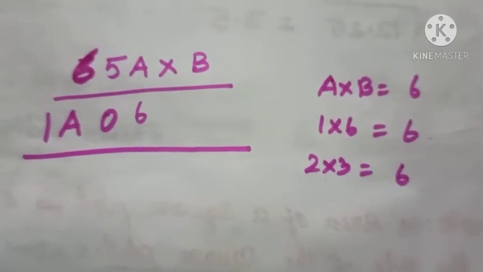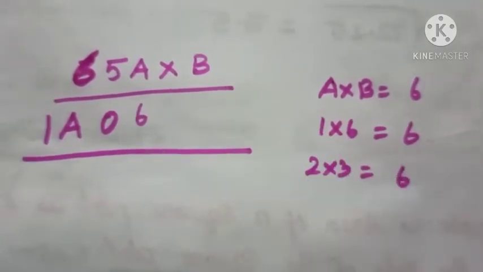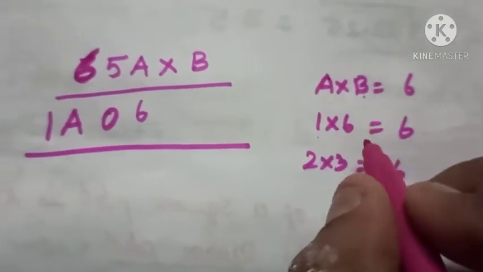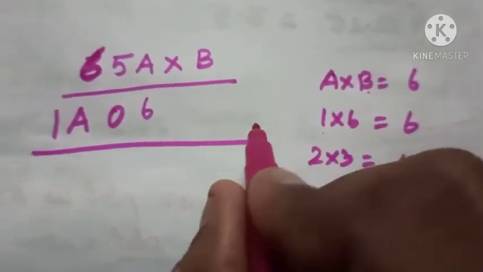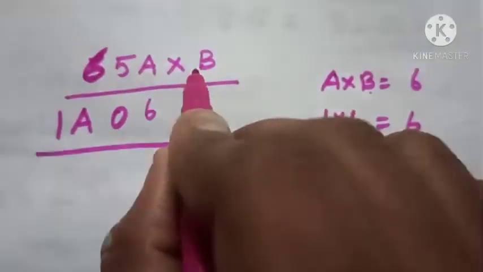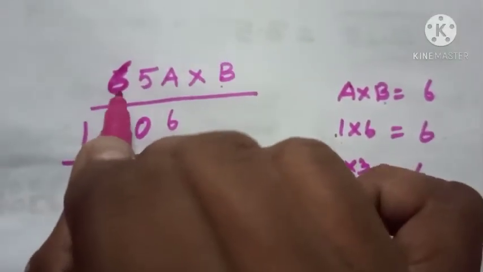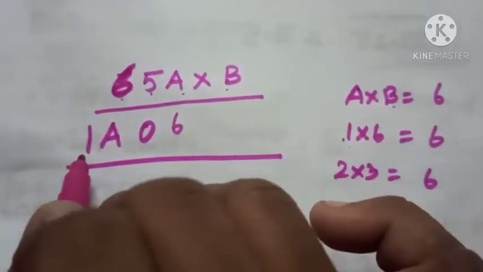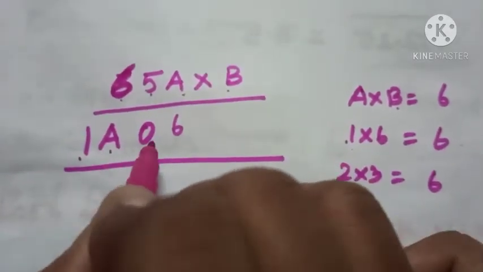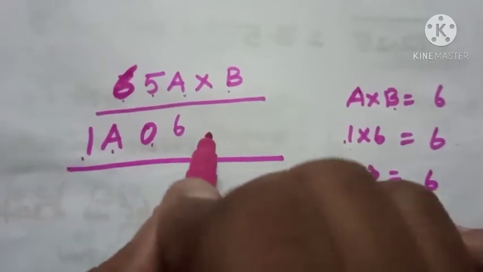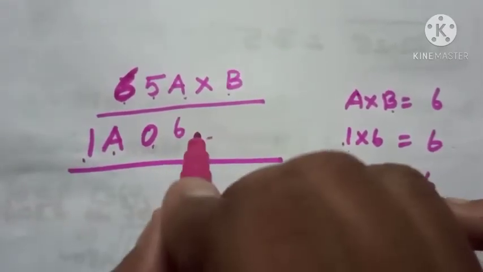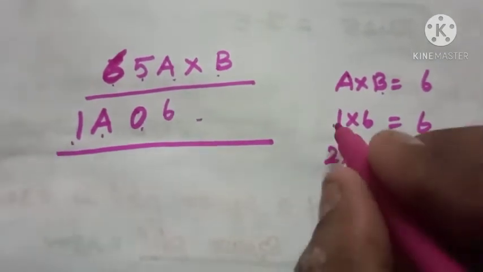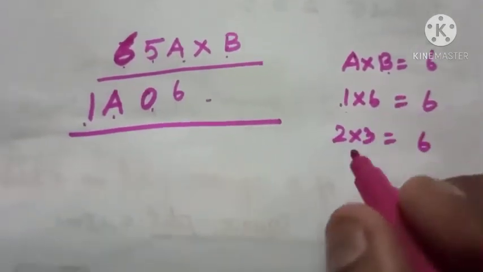First we need to check with 1. Okay, we take a is 1 and b is equal to 6, because we multiply with the 1. Here we got only 650 something, but here we need 1a06, which leads to 1000, so it is impossible to multiply with 1. So I check with a equal to 1 and b equal to 6.